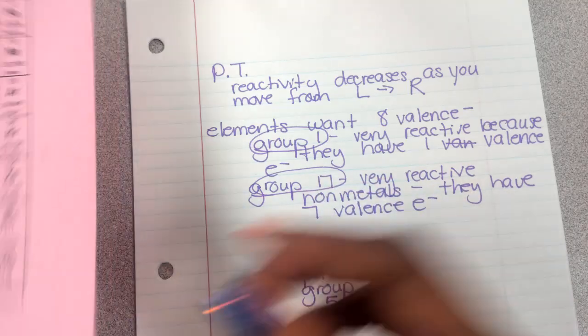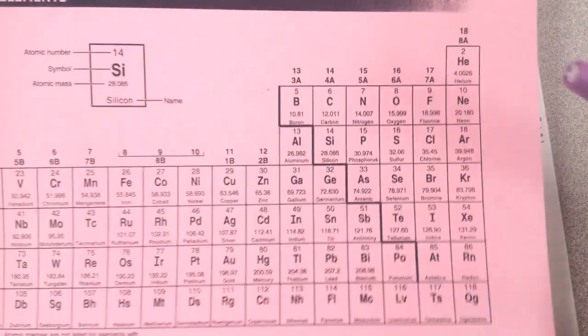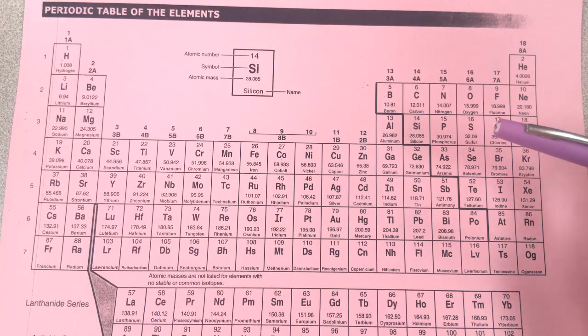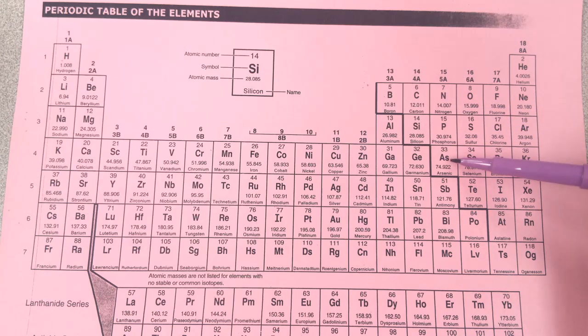So if we were looking to see what other elements would have similar reactivity to phosphorus, well, nitrogen, arsenic, antimony, bismuth, and this one here I'm not even going to try to pronounce, these all have similar reactivity to phosphorus because they are in family 15.